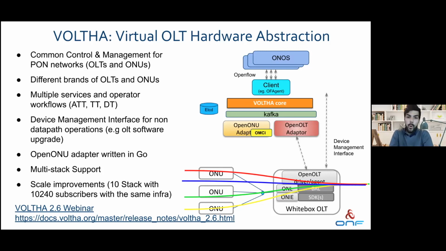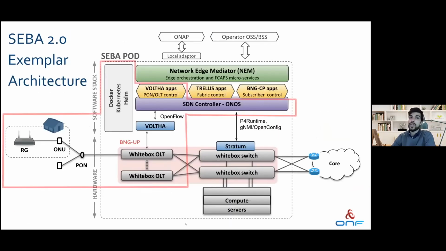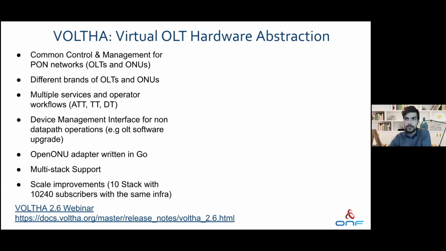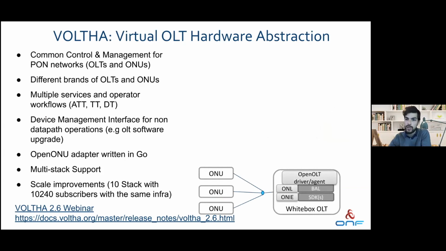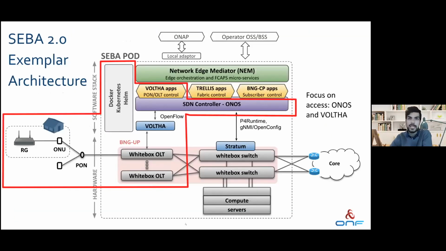The other question is, is the PON white box also the vBNG app? If I am not mistaken, you are referring to this picture. And yes, some of the BNG user plane is partitioned in a full SEBA solution. So not here. In VOLTHA, just plain VOLTHA and ONOS, we usually tend to leave the BNG outside. But in a full SEBA solution, where the BNG is controlled by this system, part of the BNG solution is done in the OLT and part is done in the white box switch.